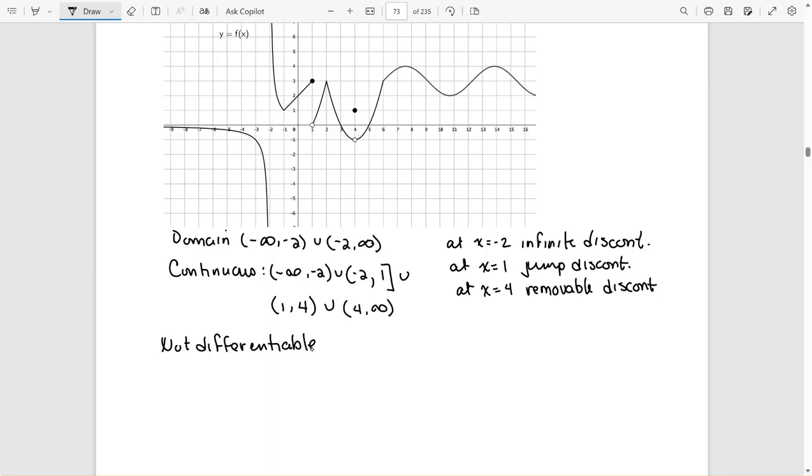Where it's not continuous, it's not differentiable. So x equals negative 2, x equals 1, x equals 4. We're going to have issues there because it's not continuous. But then we also have an issue right here with a sharp corner. So at x equals 2, we have a corner point.